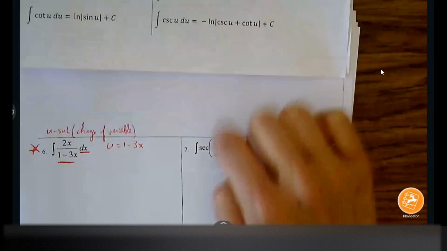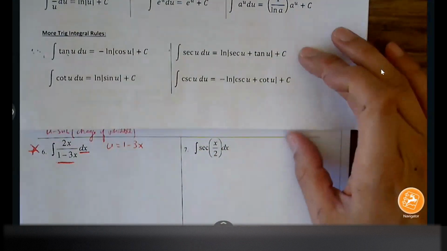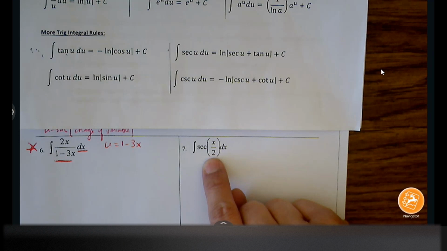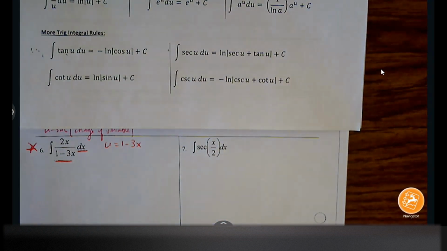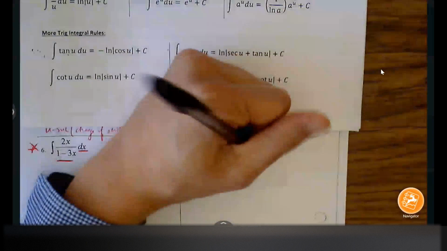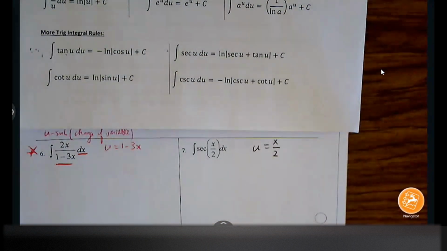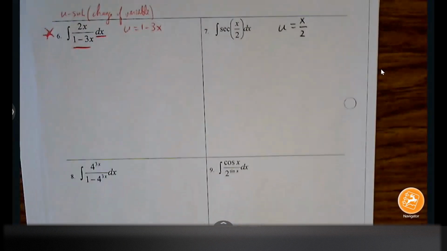So it's close, but not perfect. So we've got to go through u-substitution, right? What's our u value? x over 2. Yeah. And the parentheses help, right? Parentheses kind of help you see that connection there. All right, we'll come back to it.